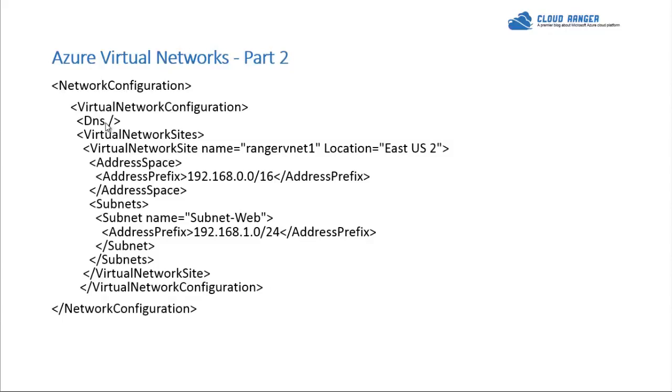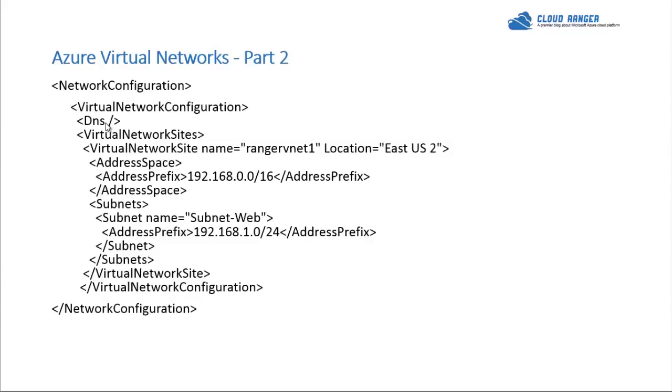There are times we will go to the portal and create a virtual network right from the portal, and that's what we will initially do. But if you have to do a mass modification, or even a script for creating, deleting, or modifying virtual networks, this network configuration file is actually the only place you can do that.